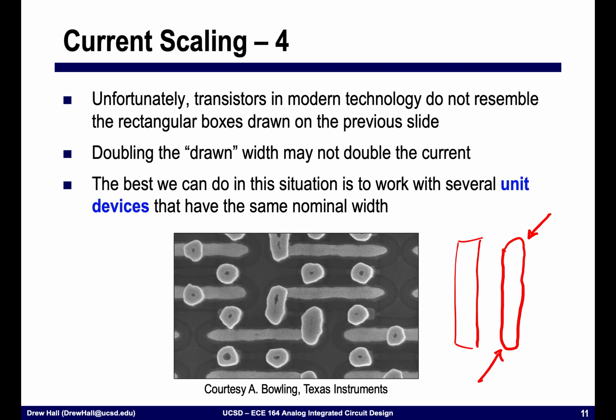And so what you really end up wanting to do is use what are called unit devices. You want to use devices that look identical, like this, and instead of using one of them, we simply use multiple devices and connect them in parallel.